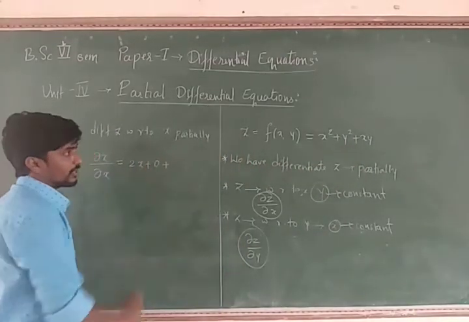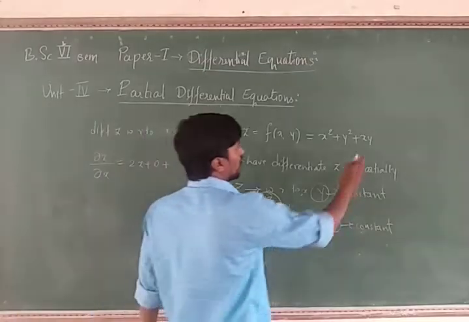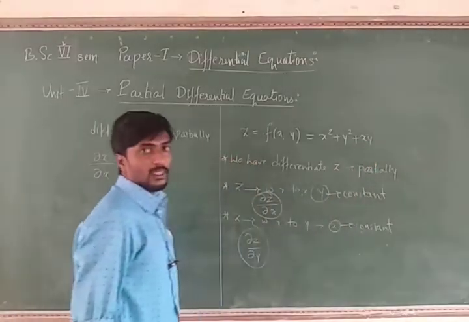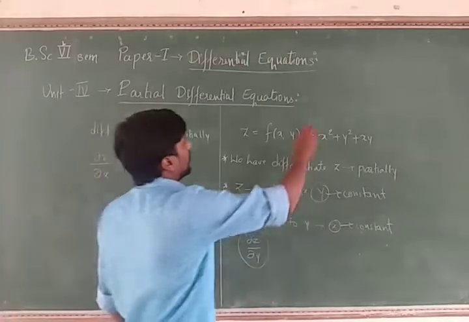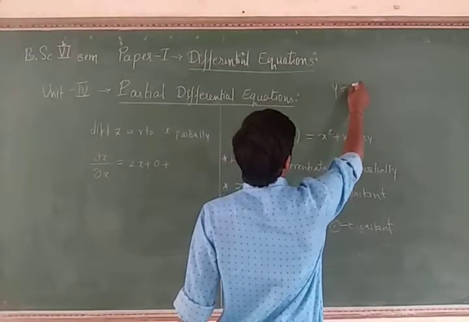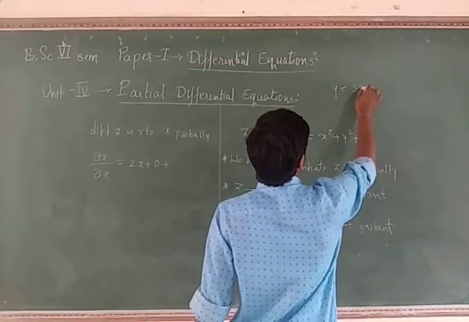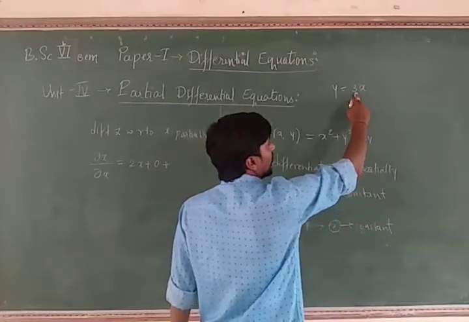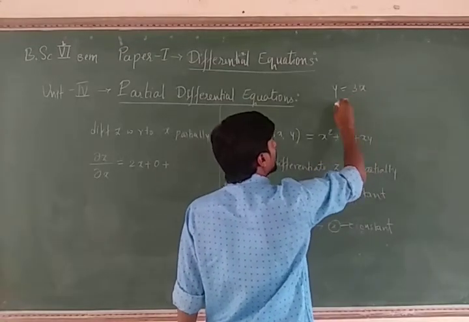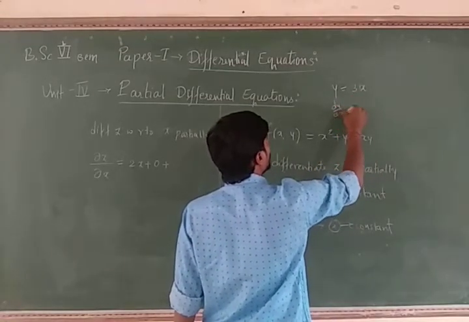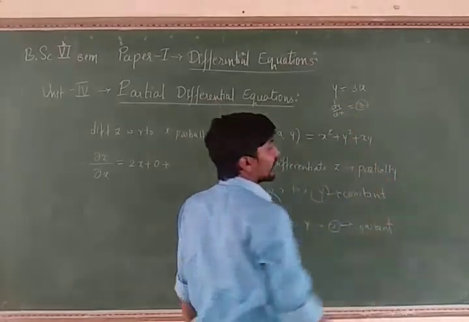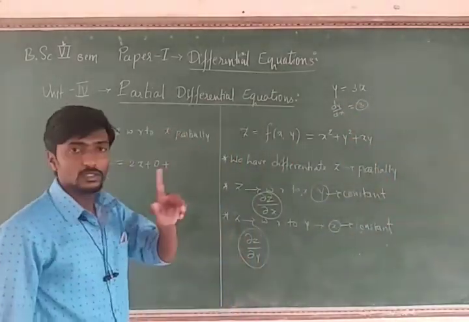Next, plus, now the differentiation of x into y. For example, let us understand y is equal to 3 into x. 3 is a constant and x is a variable. Therefore dy by dx can be written as 3 only, since the differentiation of x is 1.